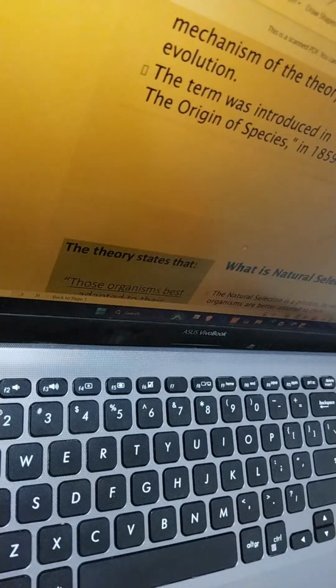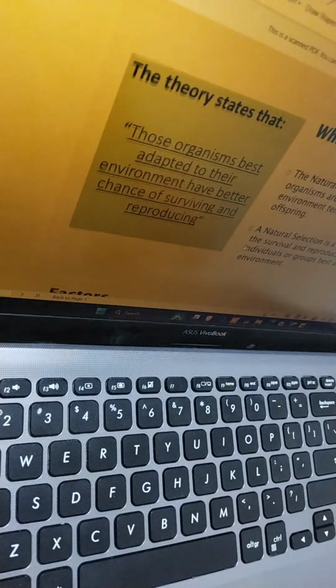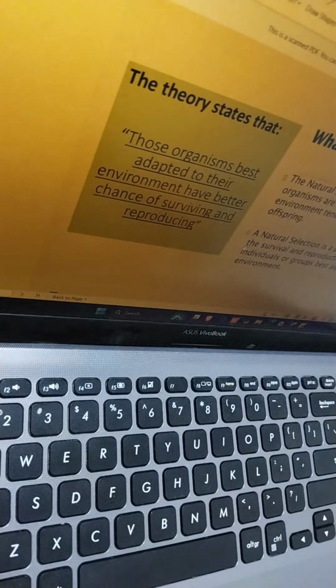So, what is natural selection? The theory states that those organisms best adapted to their environment have a better chance of surviving and reproducing.